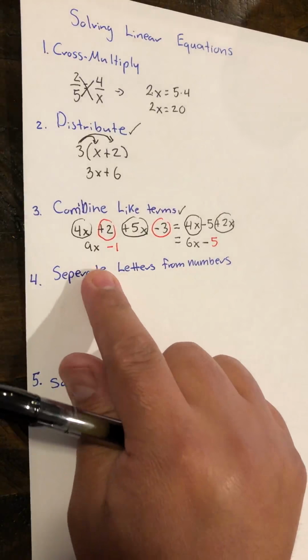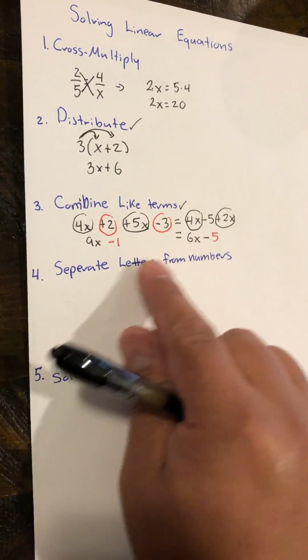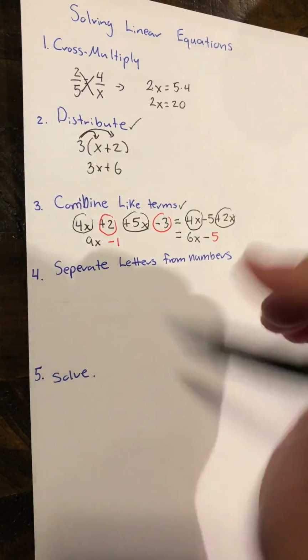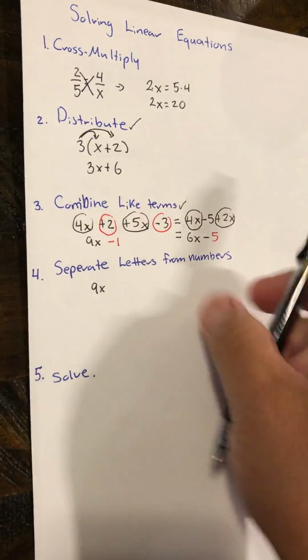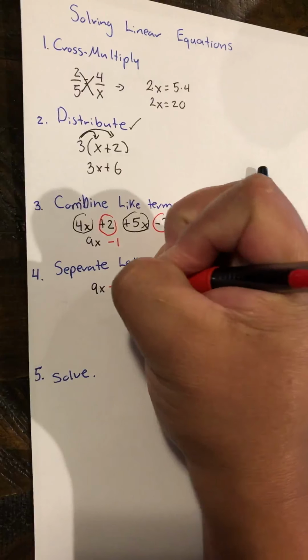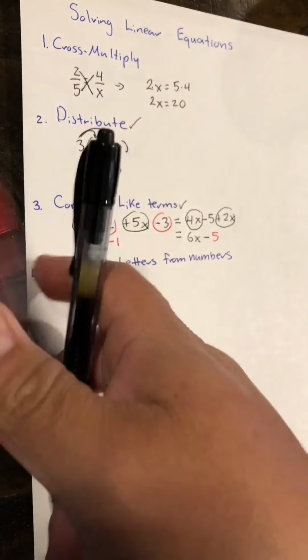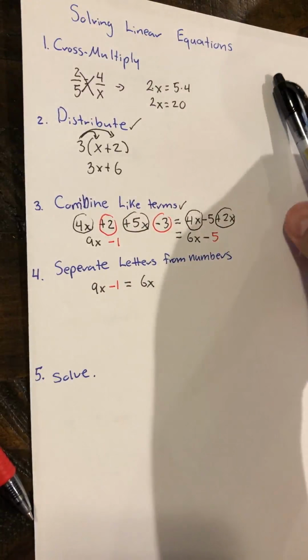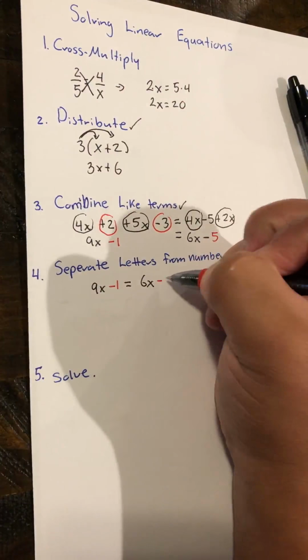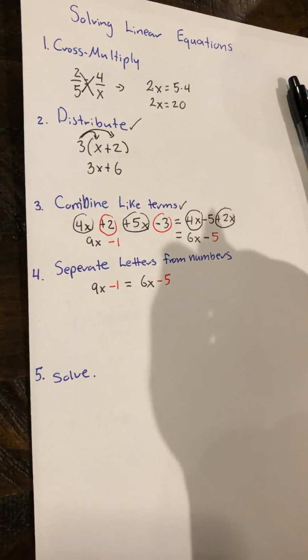And now we're going to separate. We're going to use this exact same one, and I'm going to rewrite it over here: 9x minus 1 equals 6x minus 5.